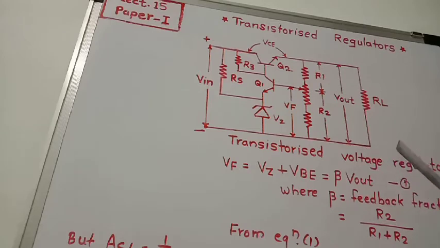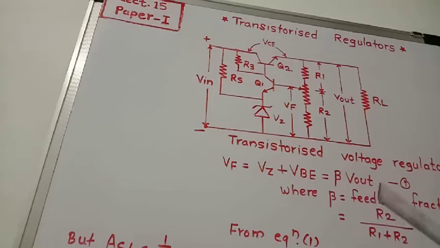In saturation state, its collector current is maximum and it just acts as a closed switch. The VCE drop, the collector to emitter voltage drop across the transistor, is 0. VCE is equal to 0 and IC, that is collector current, is maximum in saturation state of the transistor.